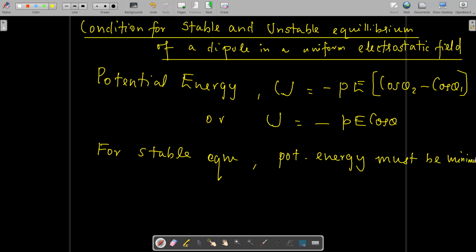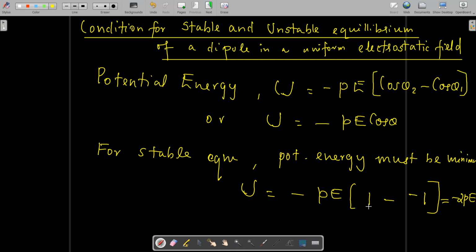For this minimum potential energy, we should get a large negative value. That is U equal to minus PE into cos theta 2 should be 1, and this one is minus 1. That should be minus 1. So we get minus 2PE. It is a negative large value or minimum value. Negative large value means minimum value.